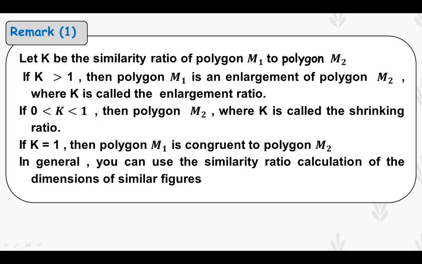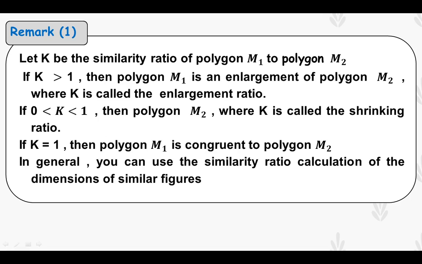And if the ratio is bigger than 0 and smaller than 1, then the polygon M2 is a shrinking of the polygon M1.